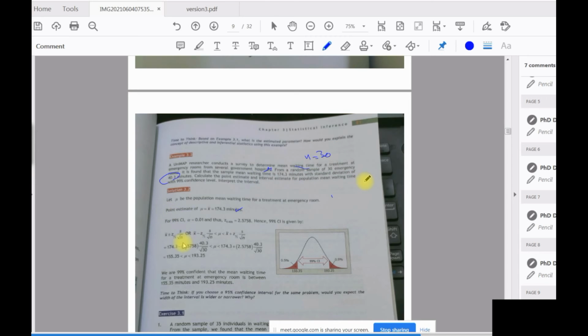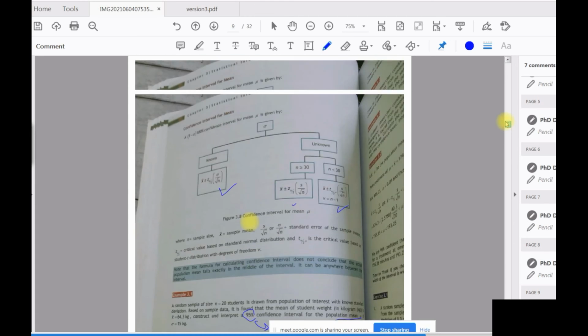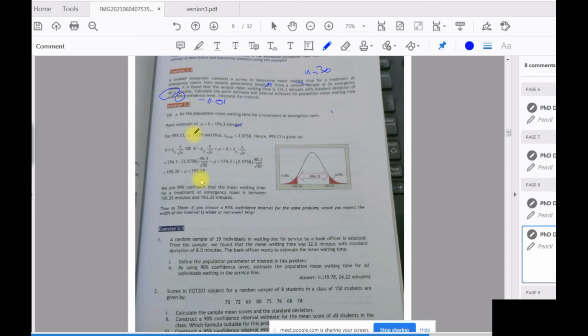So we have a 99% confidence interval. So we have alpha 0.01, alpha divided by 2 is 0.005, which refers to the table at the back, 2.5758. So put in the data, and we get this interval.